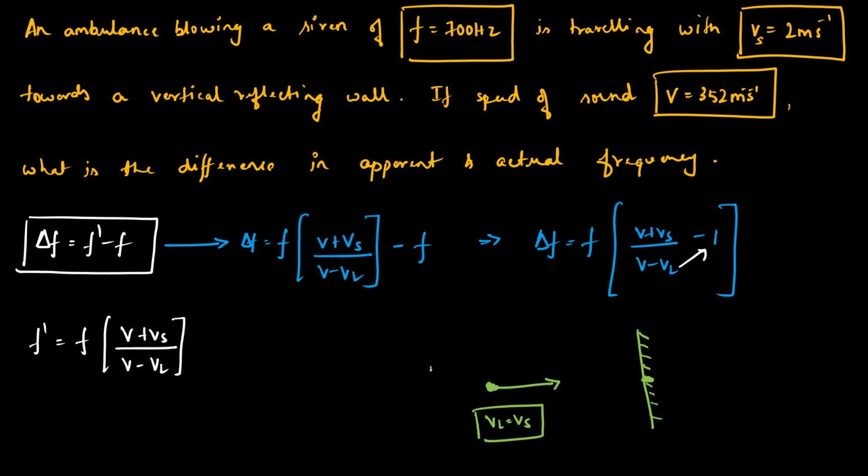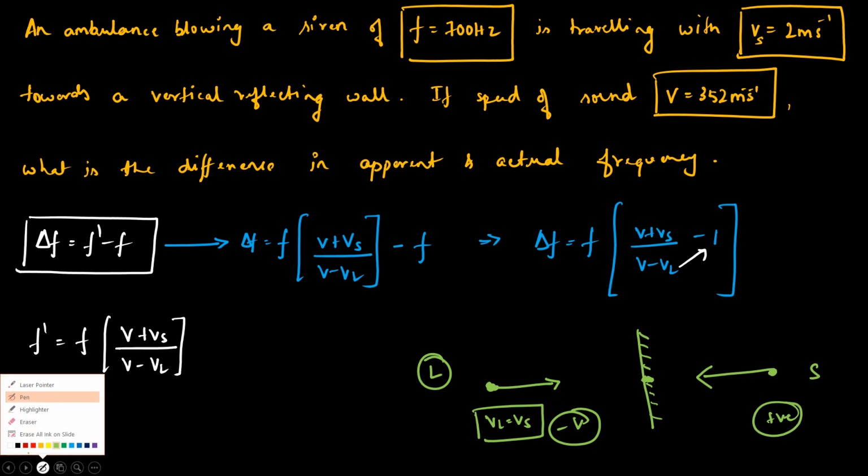From here, this is going to be the listener I can consider, and after reflecting I can consider at this particular point this is going to be the source, this way. Of course it is going to be the same direction, but you can assume it as a mirror image. So this direction is going to be negative, here it is going to be positive, here it is going to be positive.